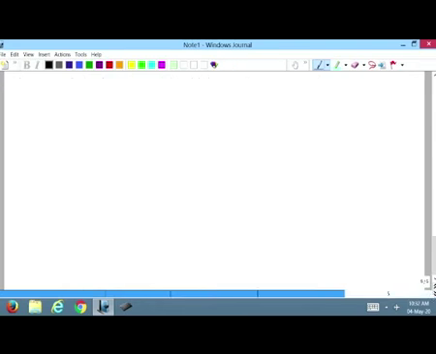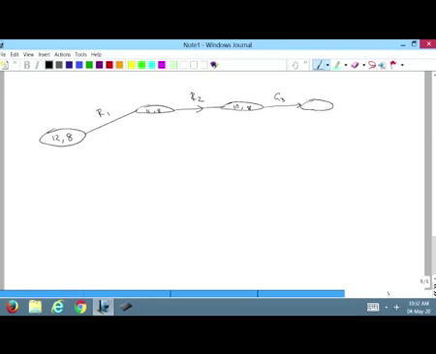Therefore, we have this situation: 12, 8. After R1 we come to 11, 8, after R2 we come to 10, 8 and G3 then will come to 10, 7.